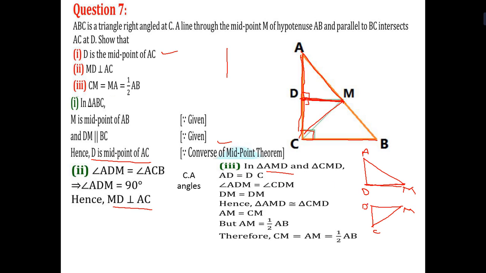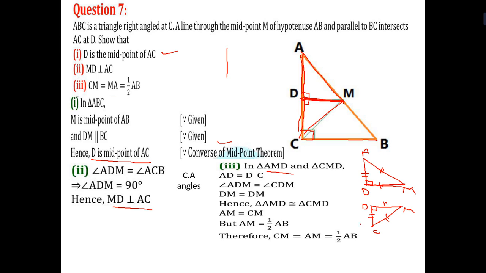Now here it is AD is equal to CD, because here D is a midpoint of AC, so here it is equal, and ADM is equal to CDM, 90 degrees each. Hence the two triangles are congruent. So AM, because here it is common, so AM is equal to CM.